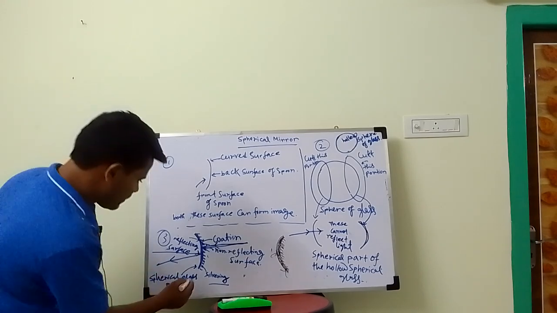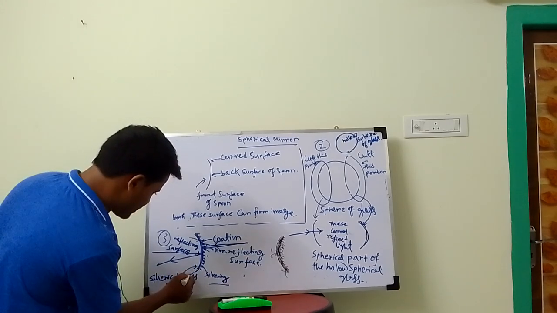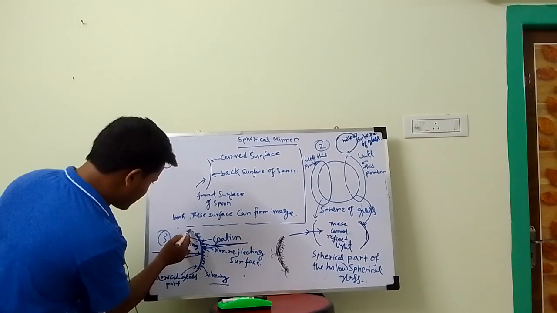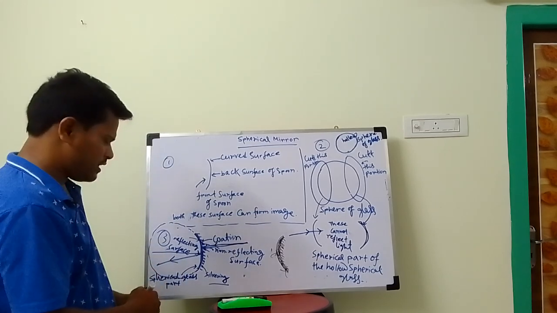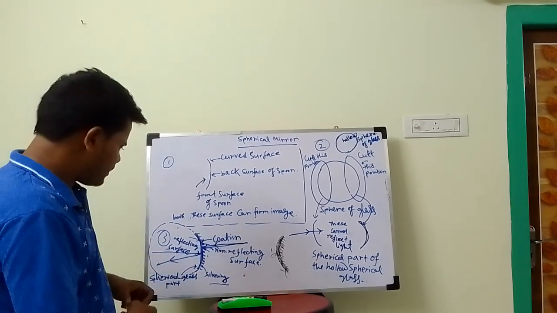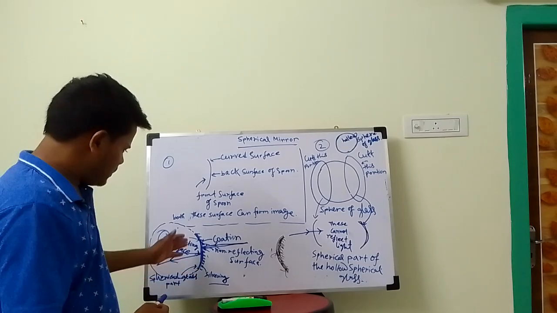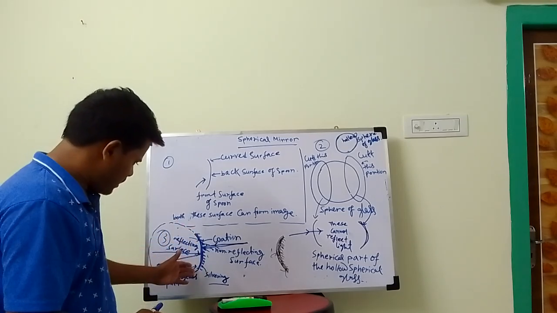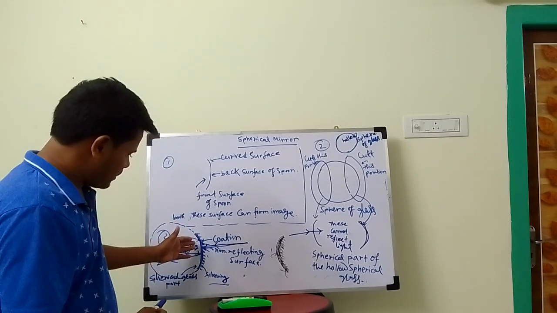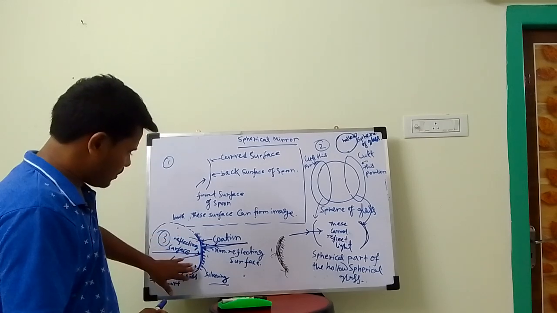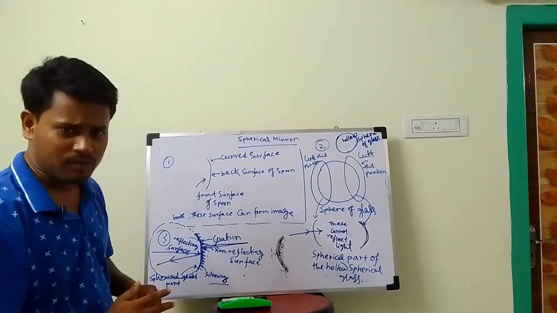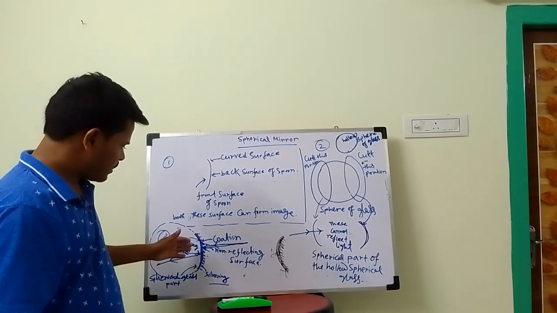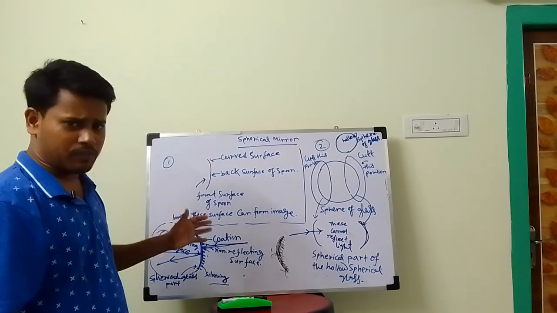If we extend the two sides of this spherical mirror, then we can get a sphere also. That means it is easily understood that this part of the mirror is a part of a sphere. So it can be called a spherical mirror.